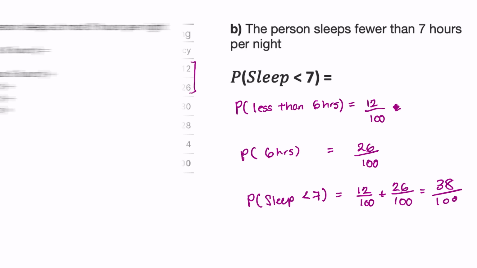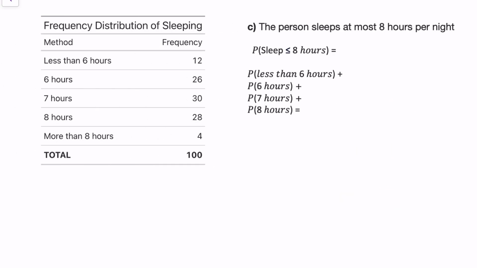There you go. So the third bullet point, we want to see a probability for the people that sleep at most 8 hours. So at most, this does include the 8. It has this little symbol that has the equal sign. And in my notes, I put a little table to help you with these keywords.